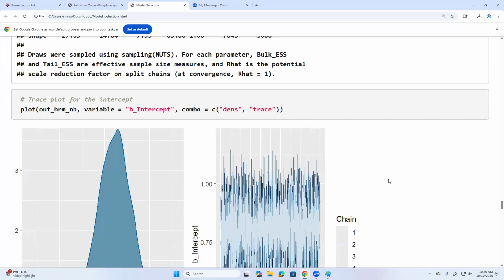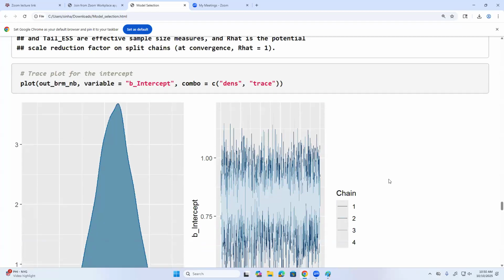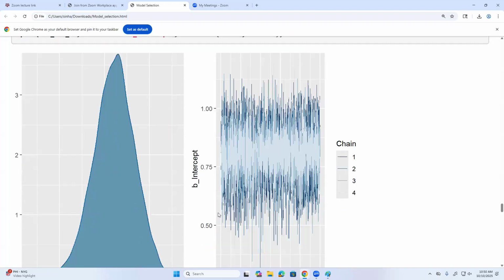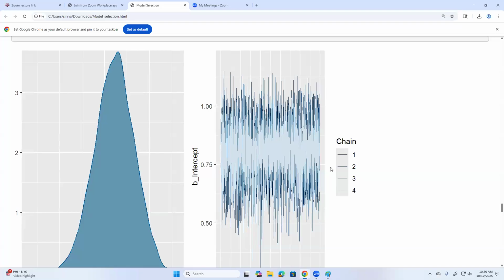Now, before we calculate the marginal likelihood using the posterior, a few things I just want to do. One is, if you are interested to look at the trace plot of the intercept term, which is delta 0, or the trace plot of the shape parameter, you can do so using this code. So it gives you the density plot and the trace plot. Why do you need the trace plot? To check the convergence, right?